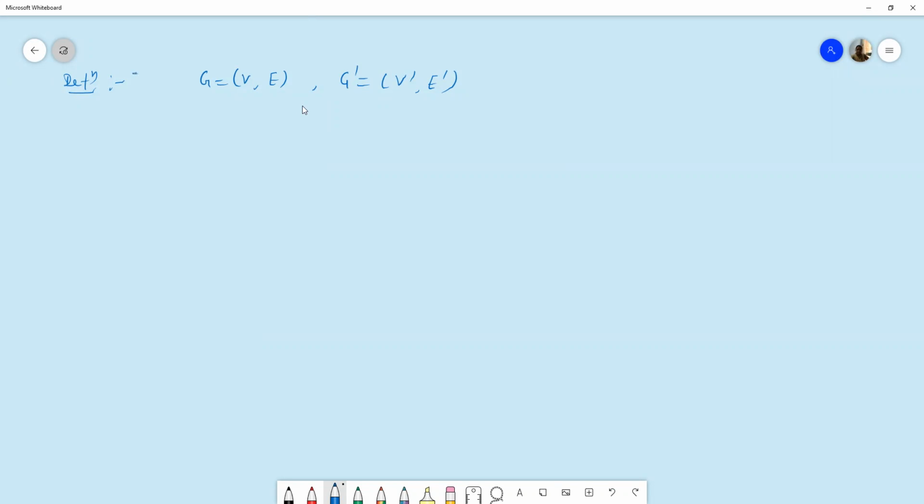So we define two graphs. One is G (V, E) and the other is G dash (V dash, E dash). They are called isomorphic if there exists a 1-1 correspondence. First of all, there should be a 1-1 correspondence from V to V dash, between the vertex sets.